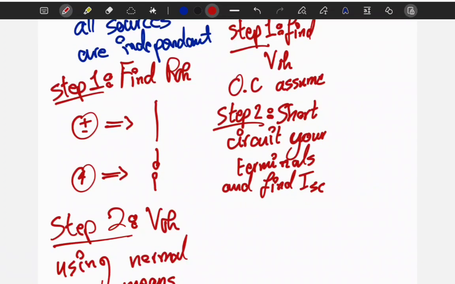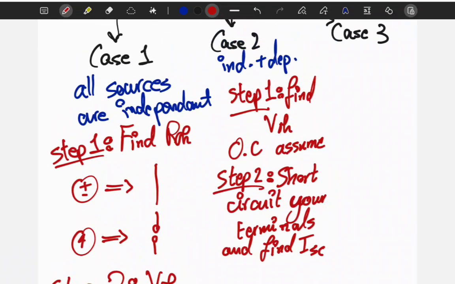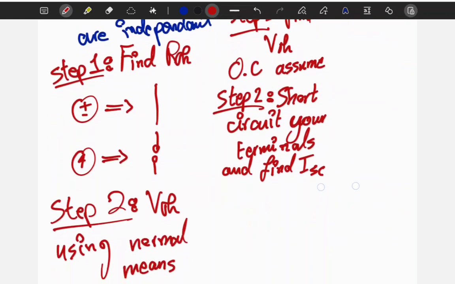So the idea behind this is that now that you found V Thevenin after assuming an open circuit across the terminals, now you short these terminals, so there's going to be a connecting wire and there is a current flowing in there, and your job in step 2 is to find I short circuit, the current flowing in this short circuit. And you can also apply all the usual means. Notice there's no deactivation of sources. The only time you deactivate sources is in case 1, if all the sources are independent.